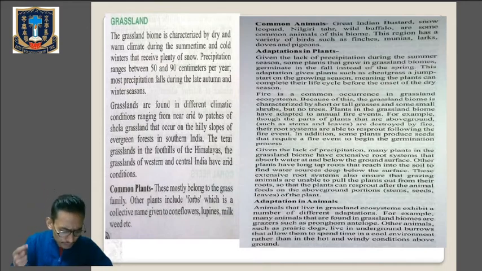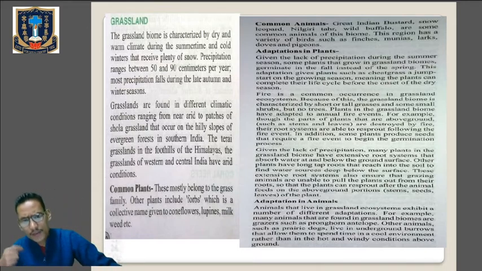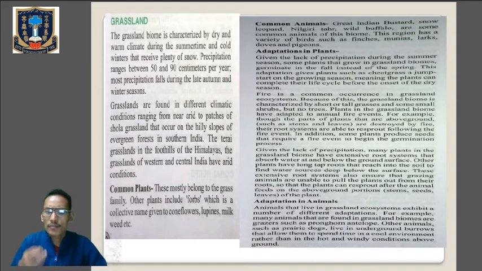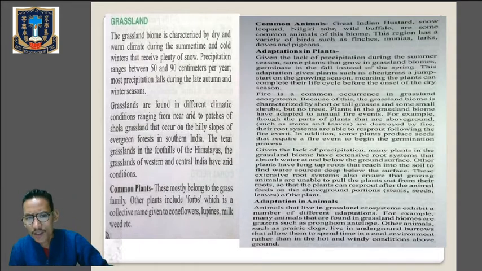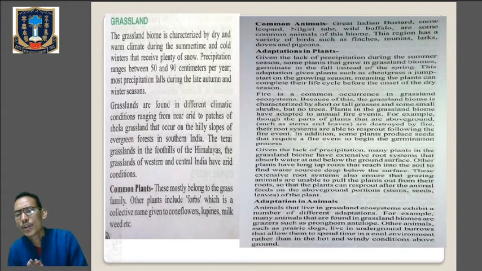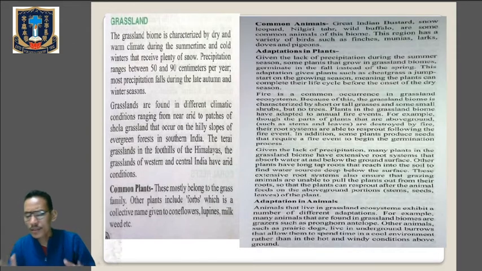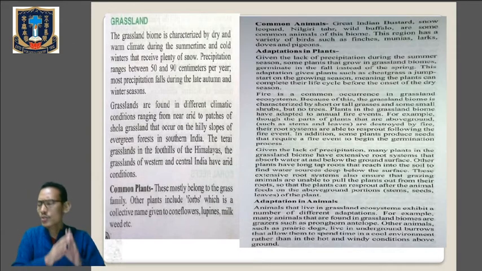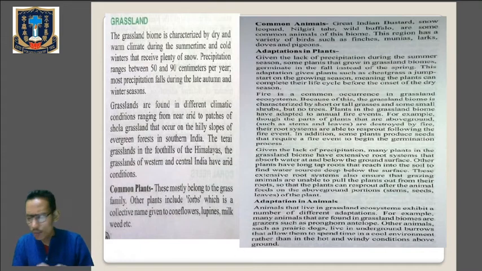Number 2, given the lack of precipitation, many plants in the grassland biome have extensive root systems that absorb water below the ground surface. That means the root systems of the plants in the grasslands are so well developed that they can absorb the water from the ground very well, since precipitation is also very less in the grassland.